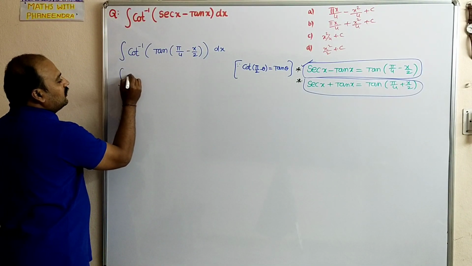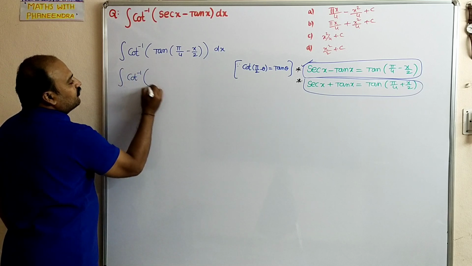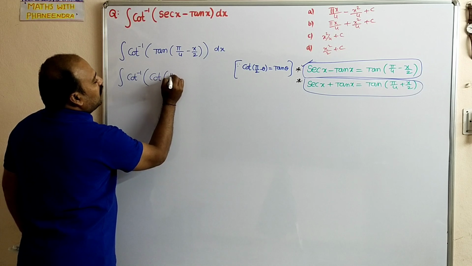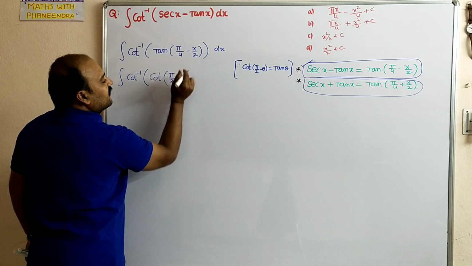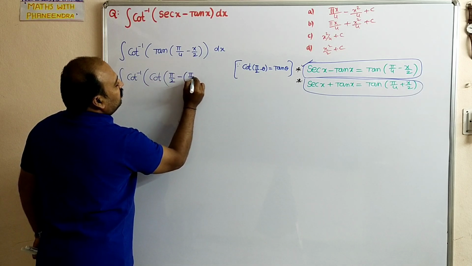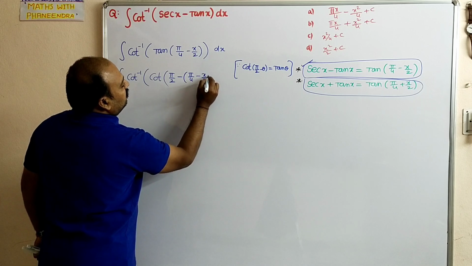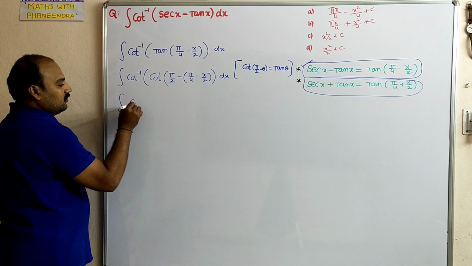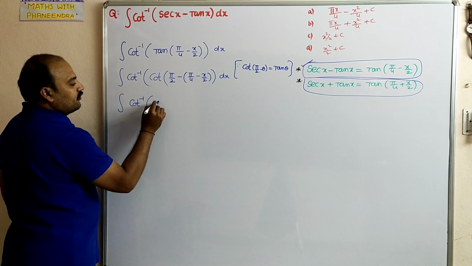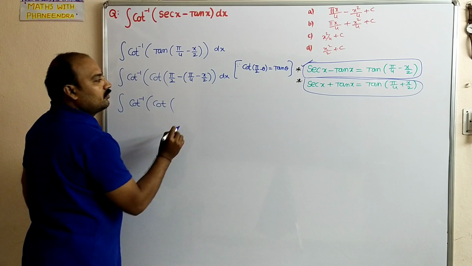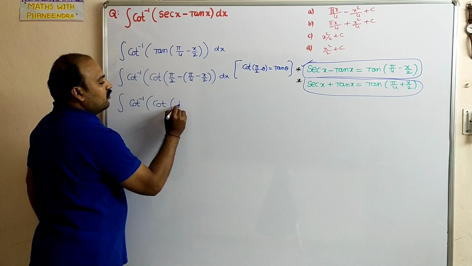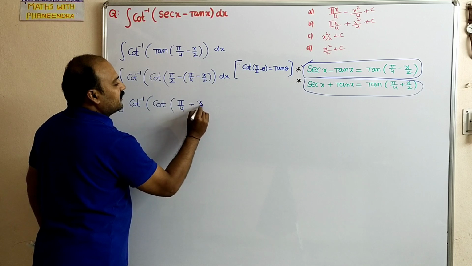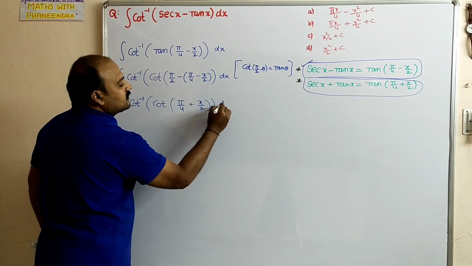So integral cot inverse of cot of pi by 2 minus this value into dx. So integral cot inverse of cot of pi by 2 minus pi by 4, so pi by 4, minus into minus is plus x by 2, into dx.